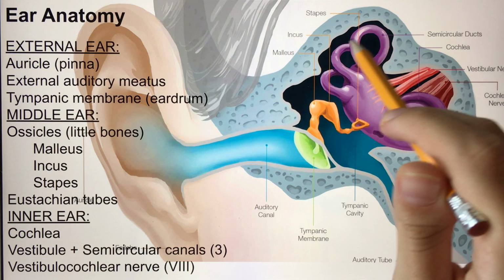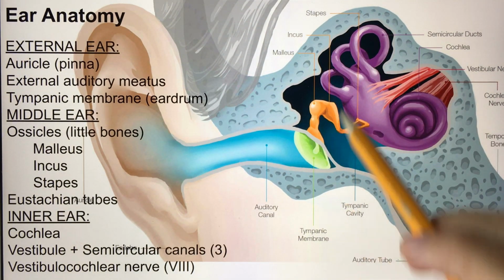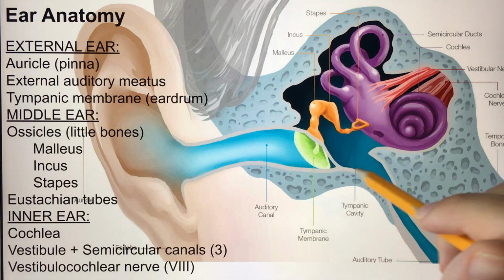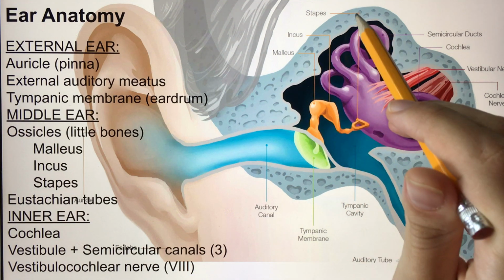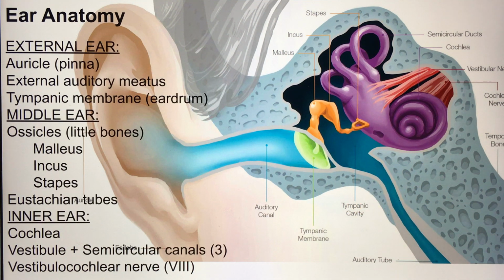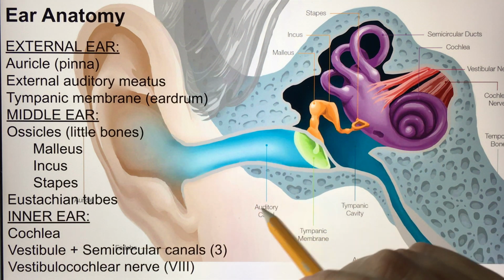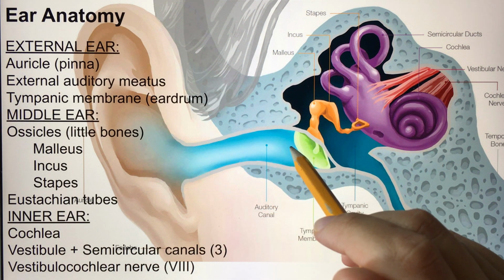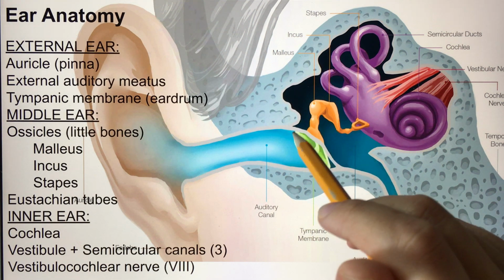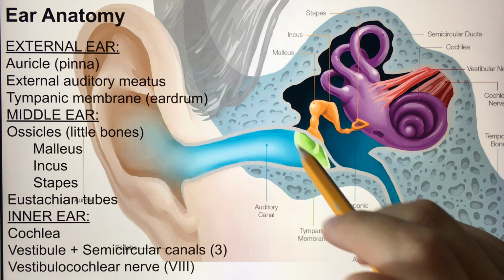It contains the small structures known as the ossicles. So the middle ear cavity is located inside of the temporal bone. You can see it's like a spongy temporal bone right here. And so the ear canal gets to that middle ear, there's going to be a complete cover enclosing that chamber.